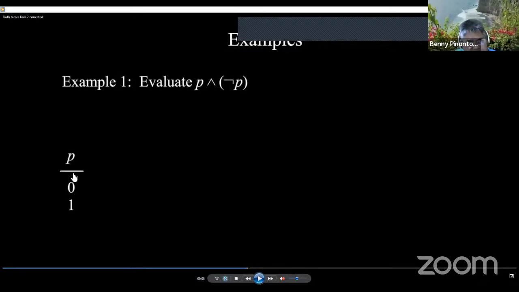Again, here you have P, so that is all the combinations of P, so 0 and 1.